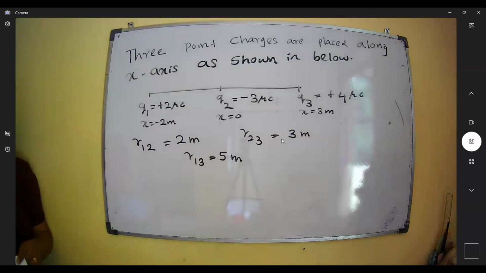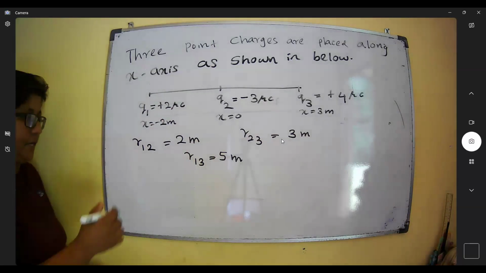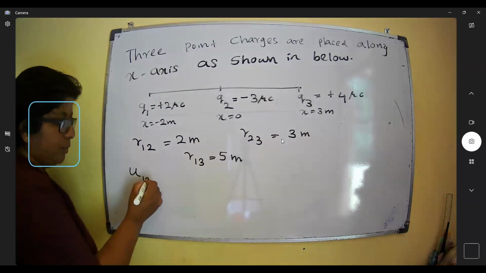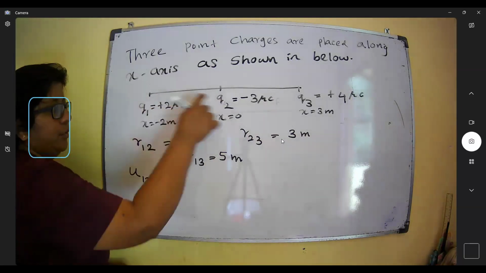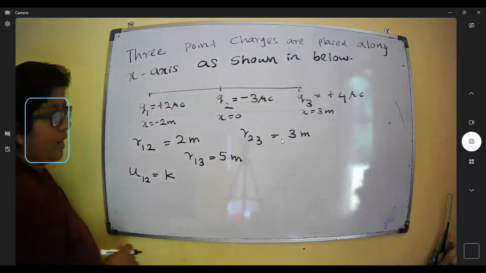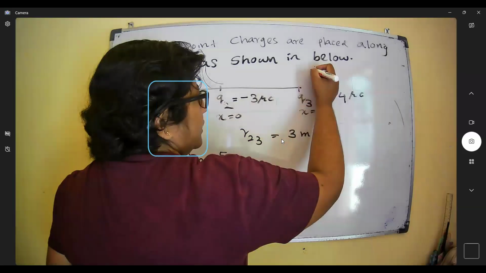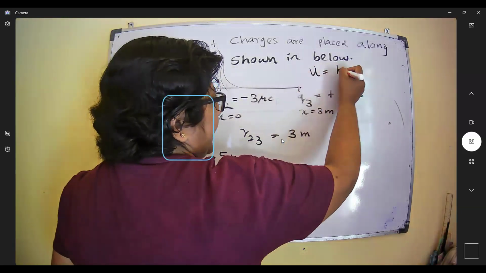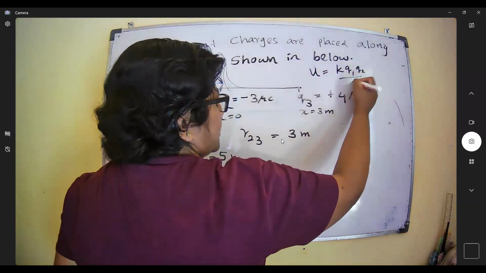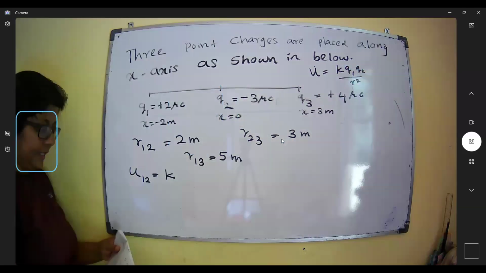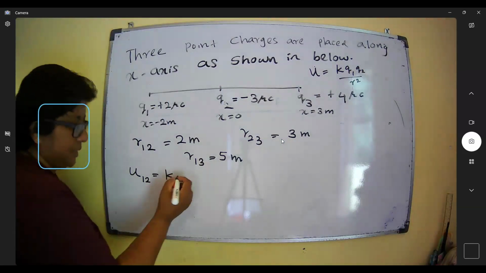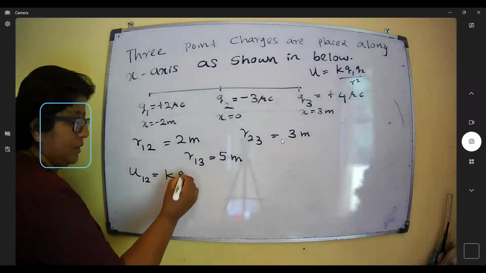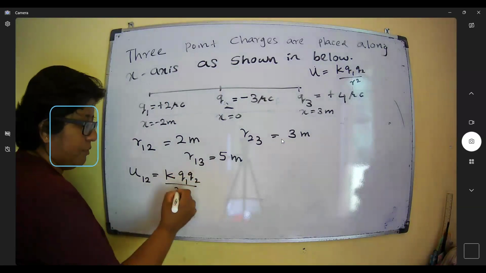Then we can find the potential energy due to these three pairs. Due to 1 and 2, potential energy is K Q1 Q2 over R1,2.